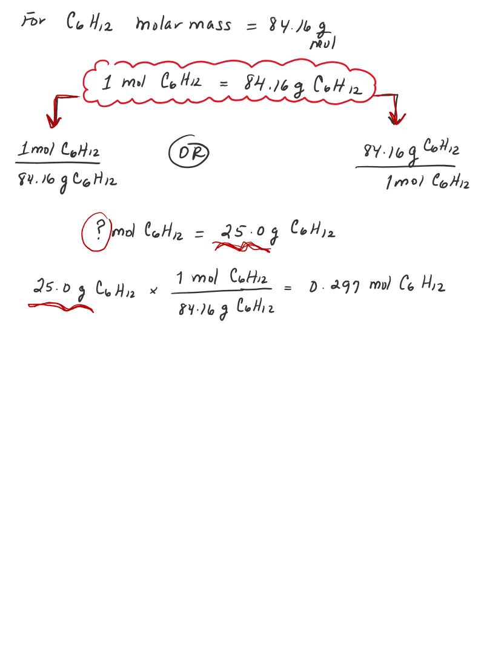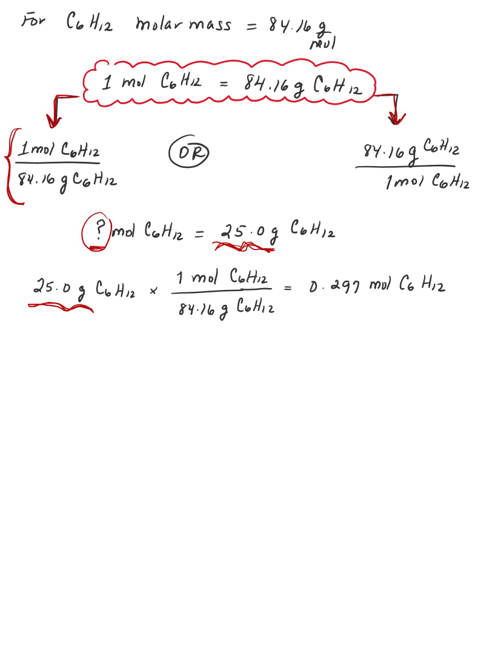Your given amount is in grams, 25 grams. The amount that you're trying to calculate, it's in moles. So you need to use the conversion factor that I have on the left side, because in that one you have unit of mole on top of your conversion factor.